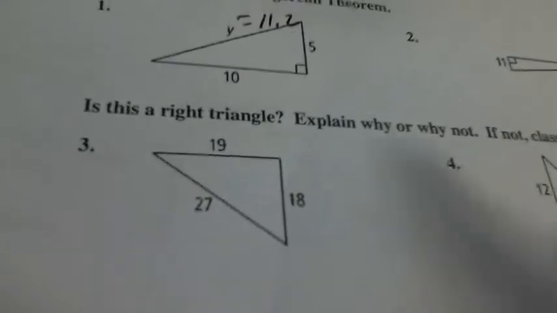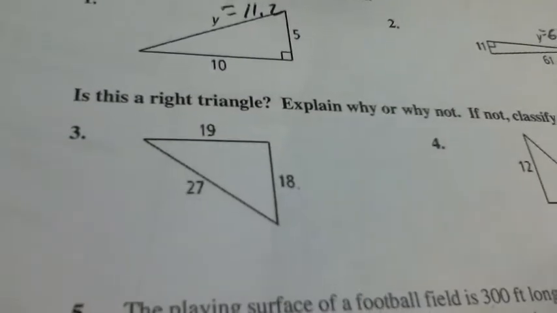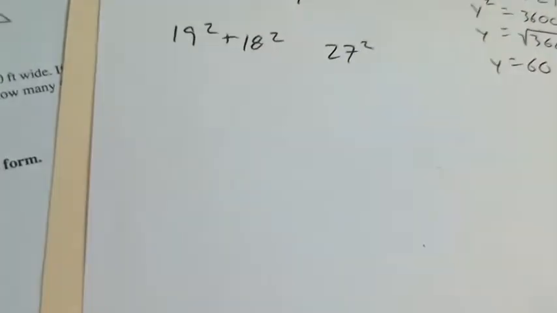This is the right triangle. What we need to do is compare a squared plus b squared and c squared. We don't put an equal sign just yet. It could be greater than, less than, we're not sure.